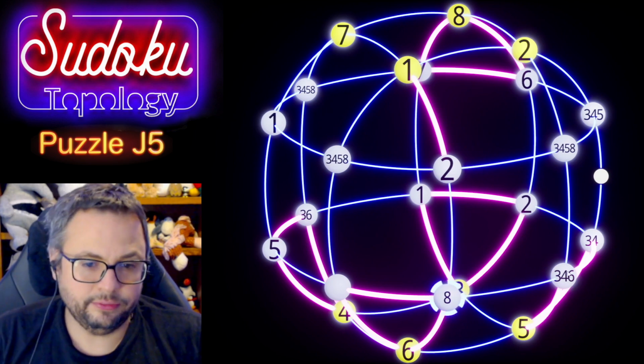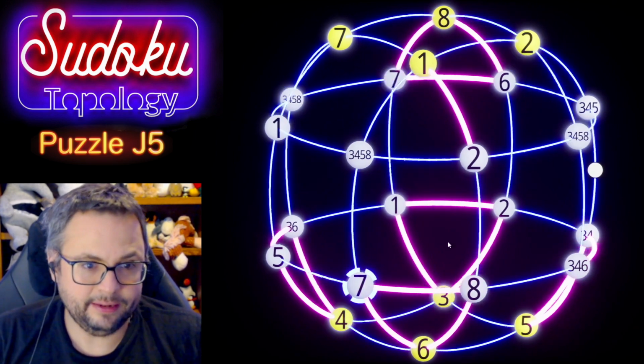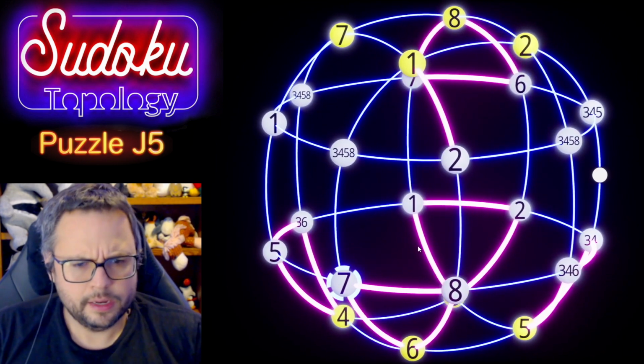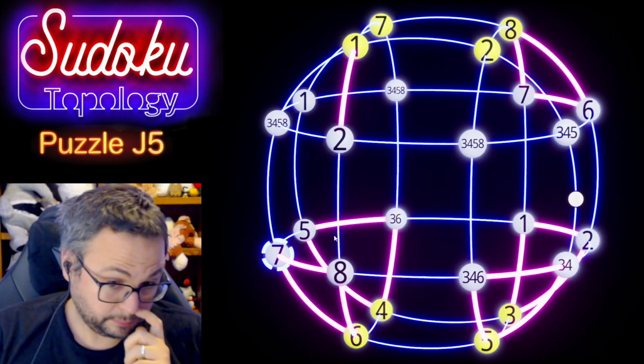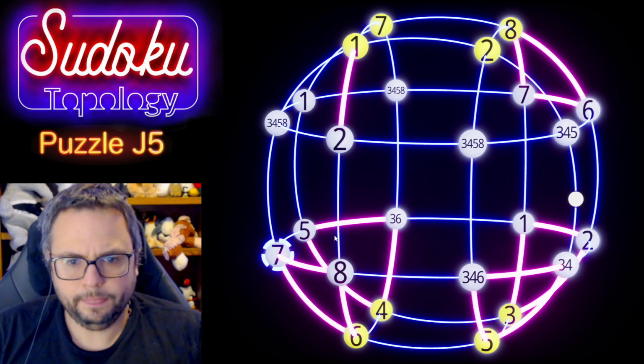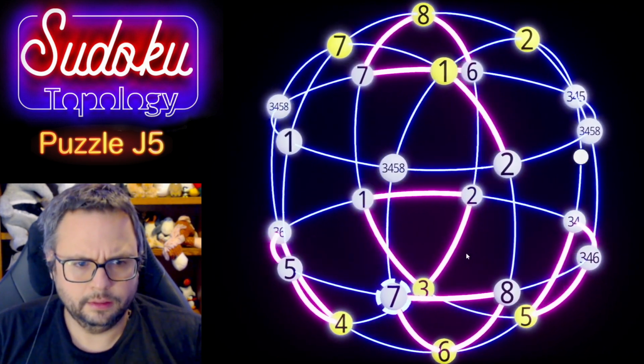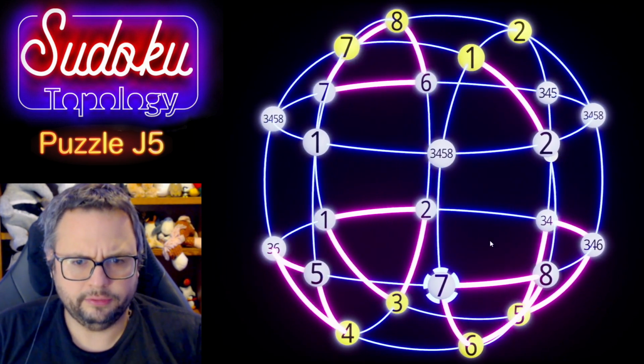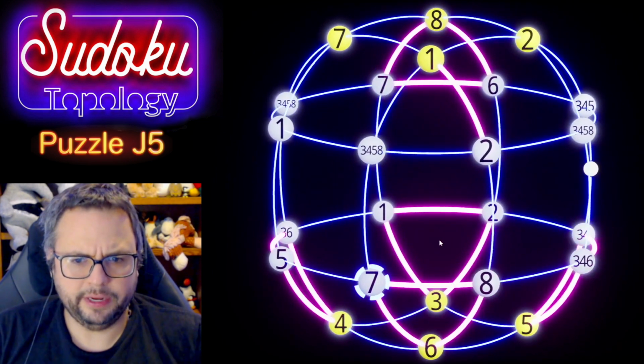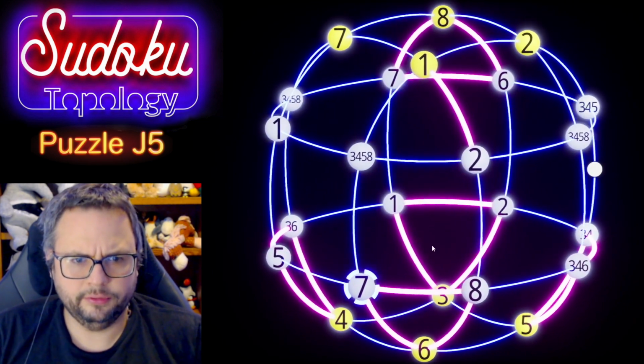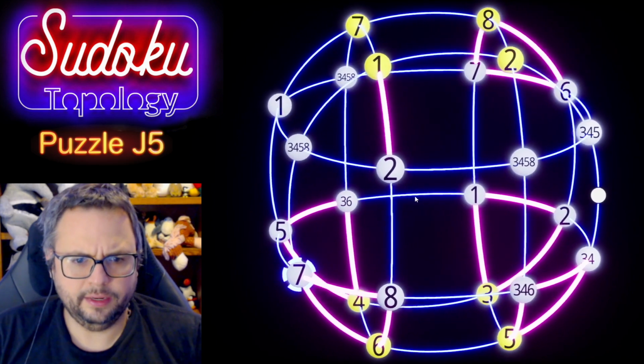So 6 and 3 are too far apart, so that's the 8 and that's the 7. So let's see. Okay, now we're gonna have to do some careful updating of pencil marks. Let's see.